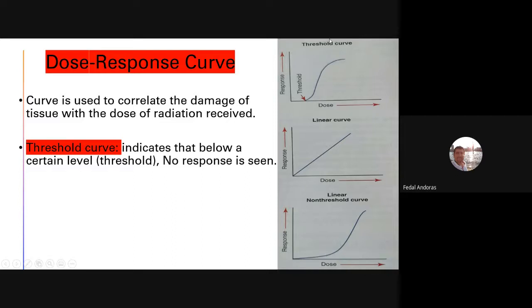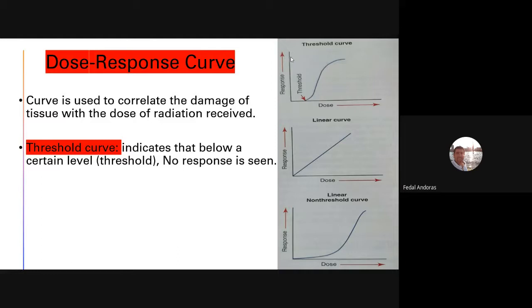The first one, the threshold curve, indicates that below a certain level, which means the threshold, no response is seen. For example, if we start exposing a patient to X-ray, until a certain dose you will not see any effect. Some cells and tissues need a certain dose to start to make a change in that cell.